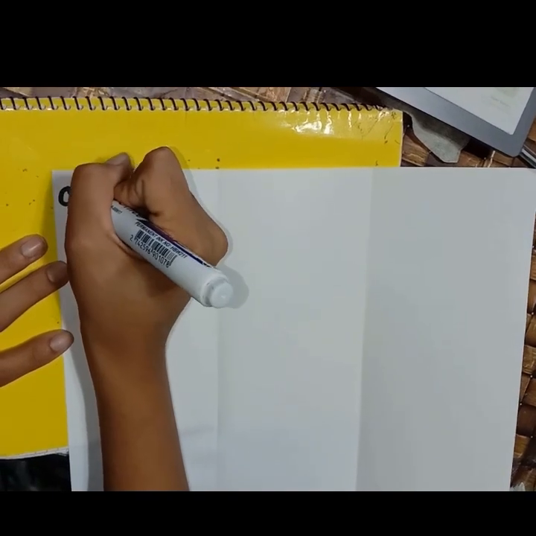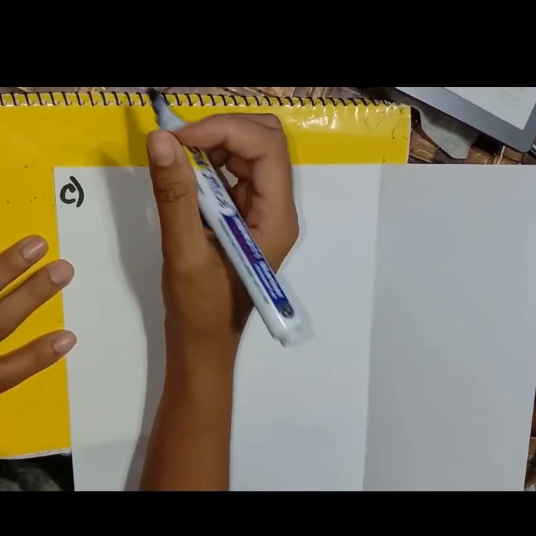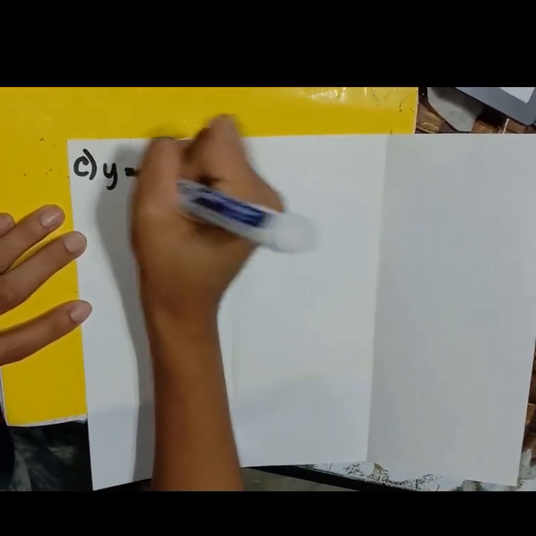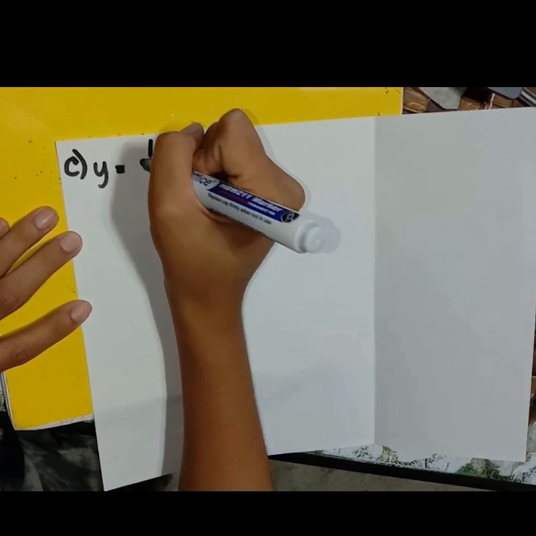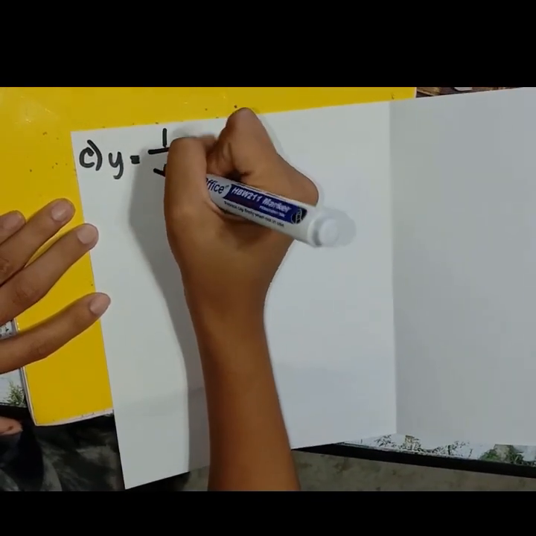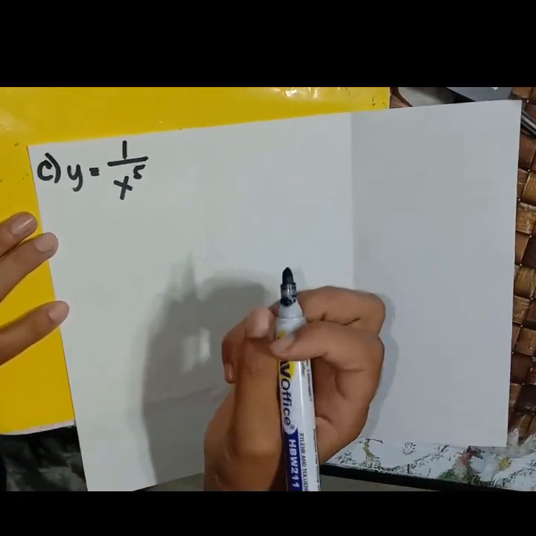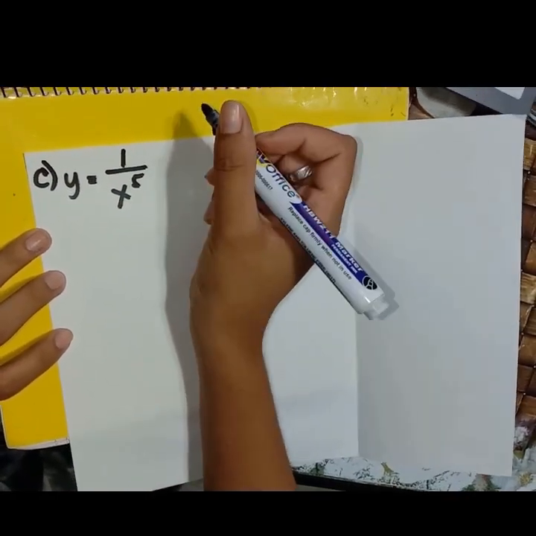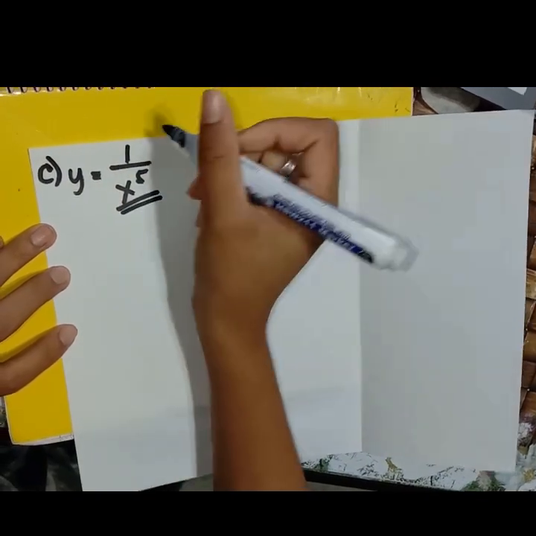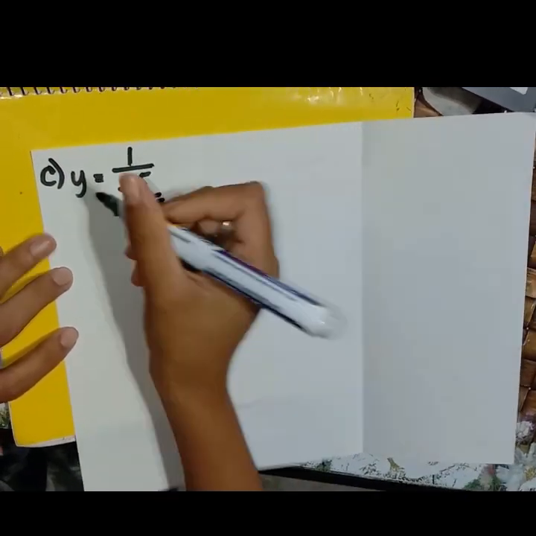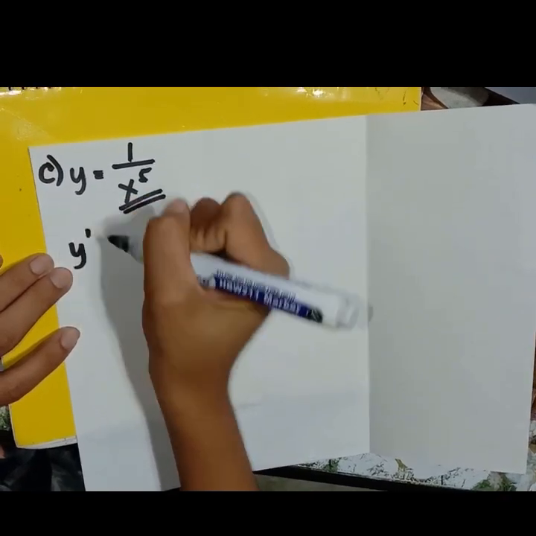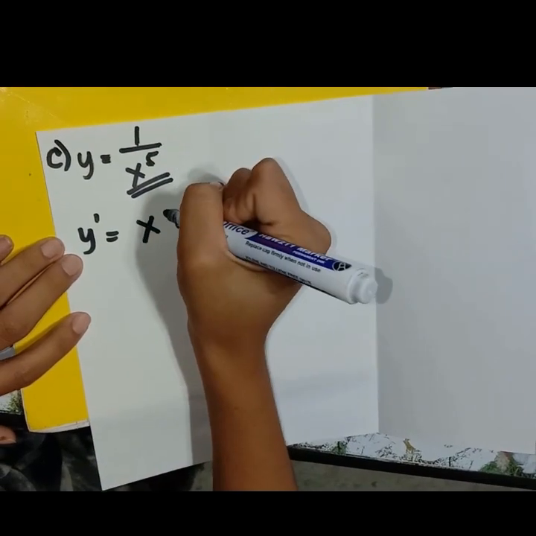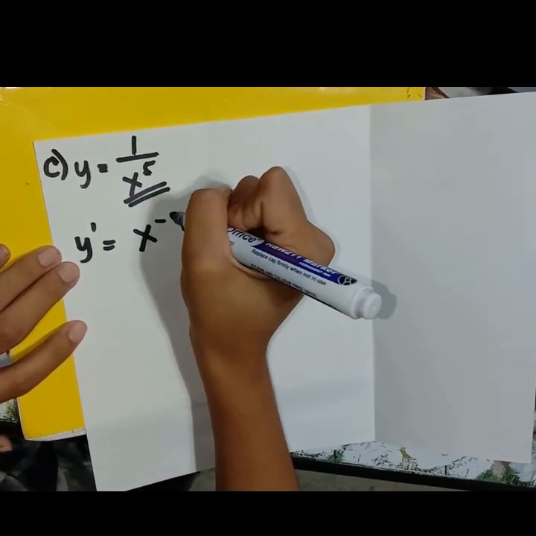The last example for the derivative of power x raised to n is y is equal to 1 over x raised to 5. In this case, if there is a denominator like this, the exponent will become negative. So it will become x raised to negative 5.